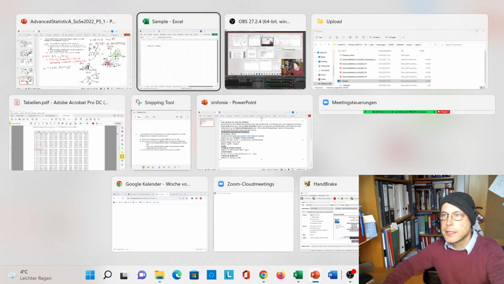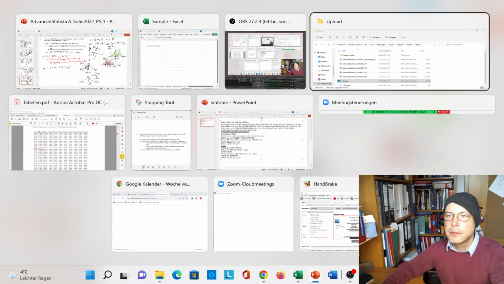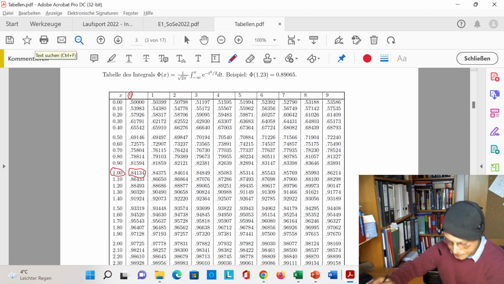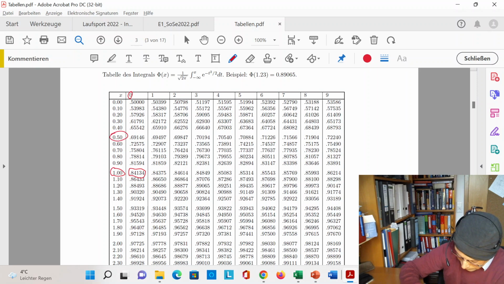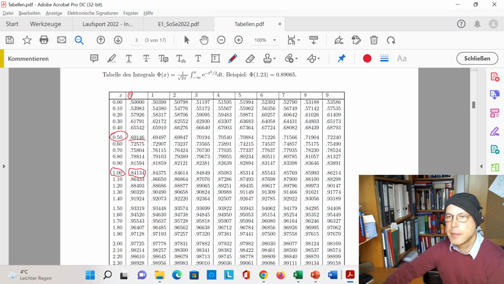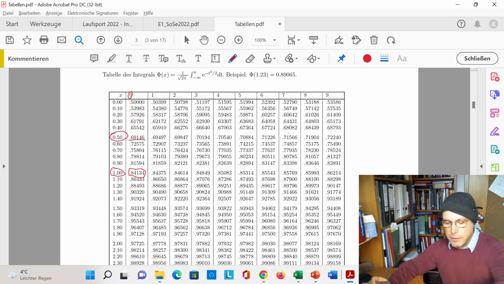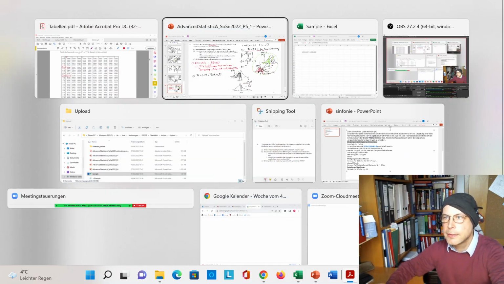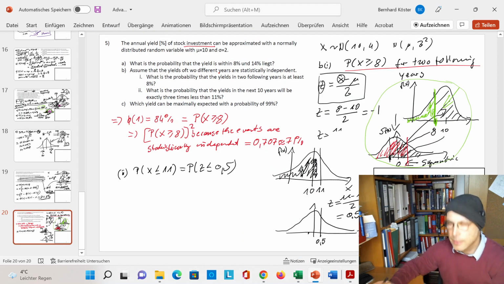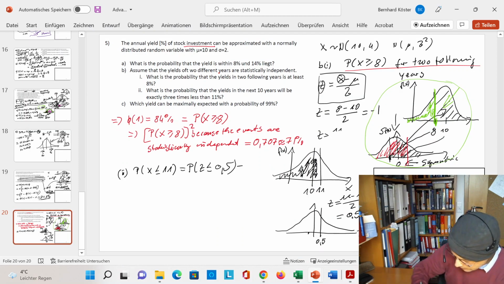This again we can look up in our table. 0.5 is over here, so we are roughly at 69%, and right now we are really interested in this number. We don't need any 1 minus or something like this. So this is roughly 69%.